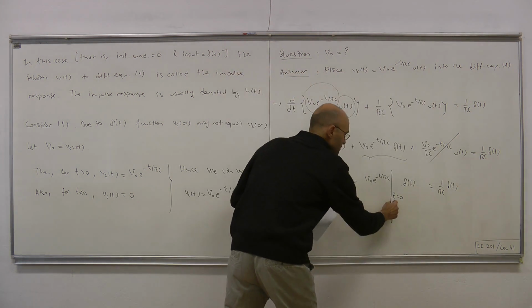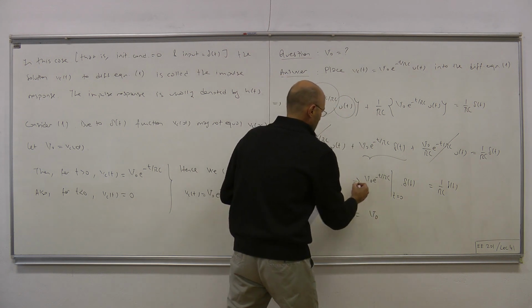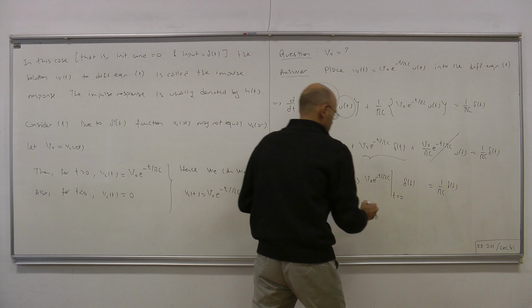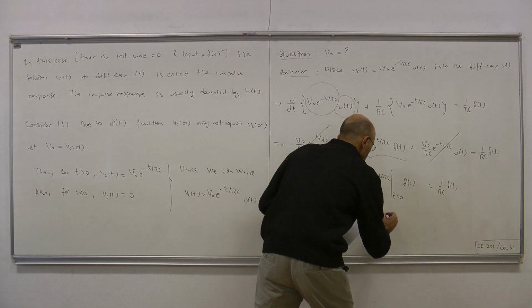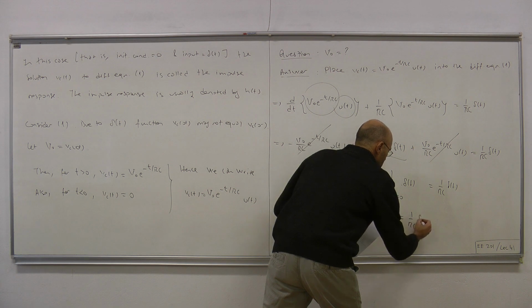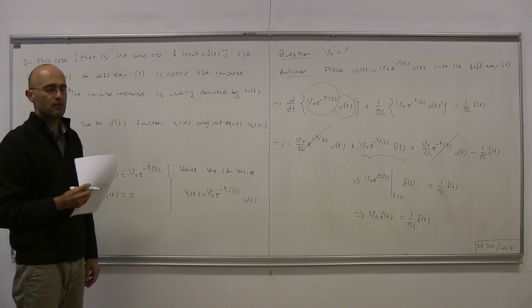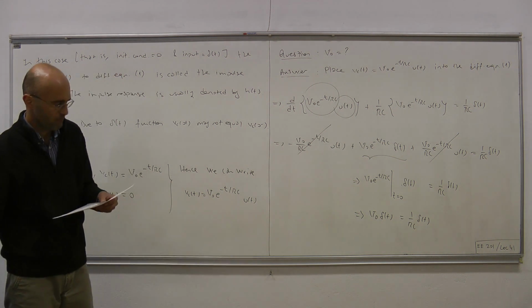And this at t equals 0 is simply V0 times delta(t), and that equals 1 over RC delta(t). And that tells us what V0 should be.